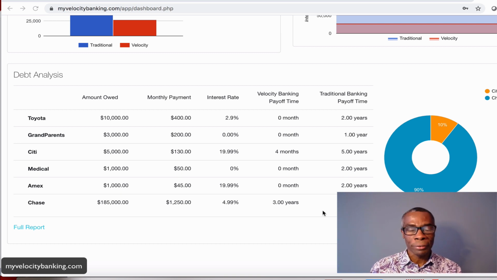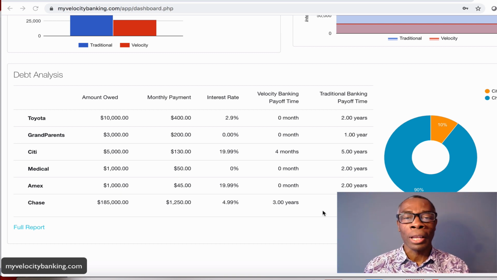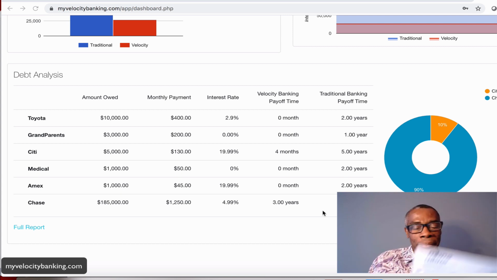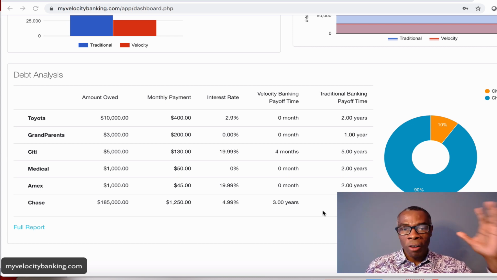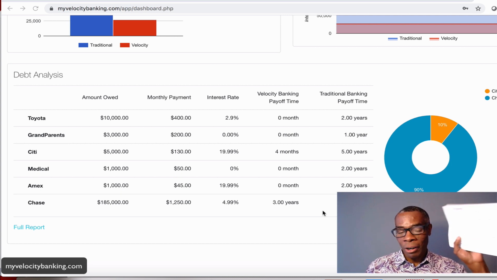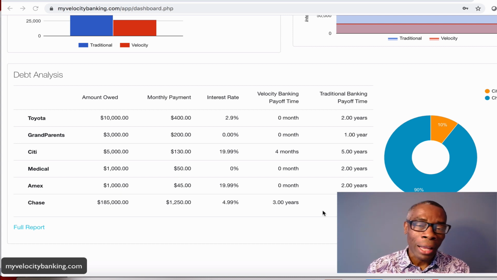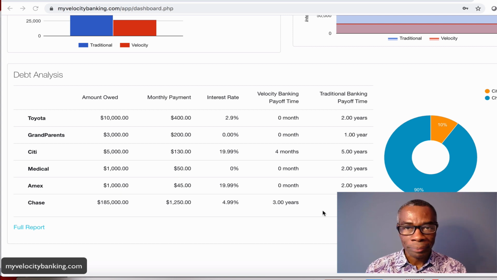So I'm thinking to myself, Mr. Velocity Banking, knowing a lot about interest, how do I take advantage of the banks? I have a plan to get this 12,000-ish that I have on this credit card back to 0%. Here's how it's going to work, and this is why it's important to understand how interest works. 12.99% is what I'm paying on this MBNA card. On my line of credit, it's only about 4%.